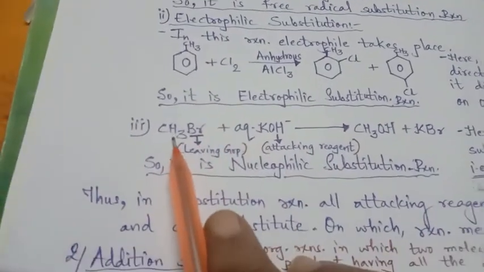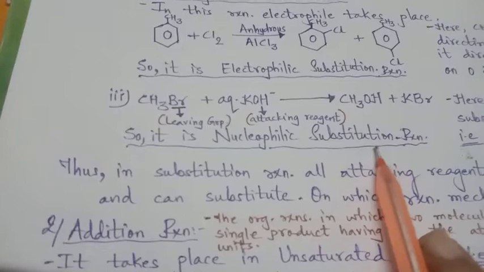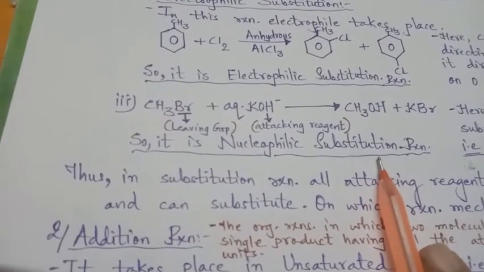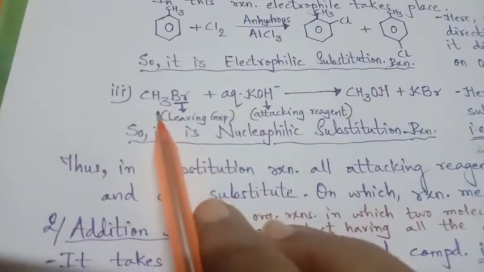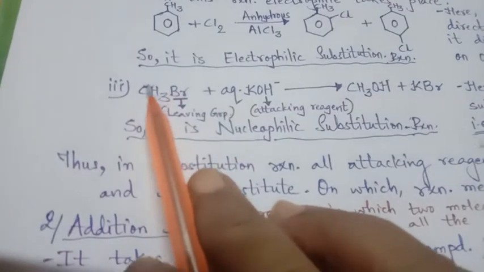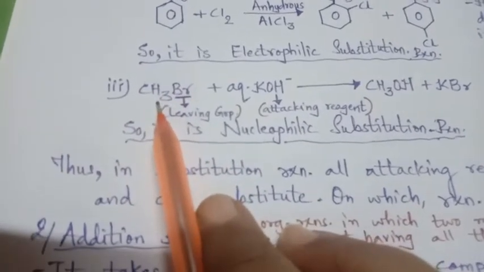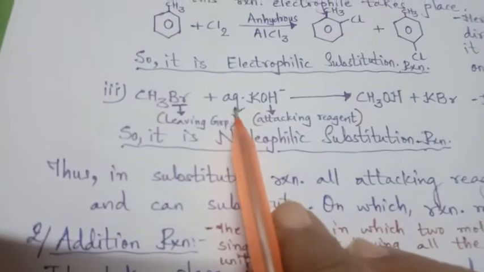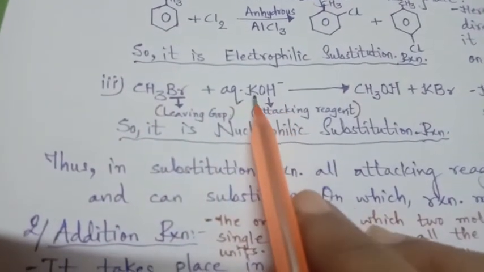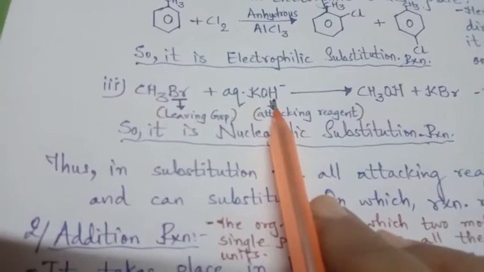The third is the nucleophilic substitution reaction. What is a nucleophilic substitution reaction? See here, methyl and bromine are attached. Now here, it is reacted with aqueous KOH. So here K positive, OH negative.